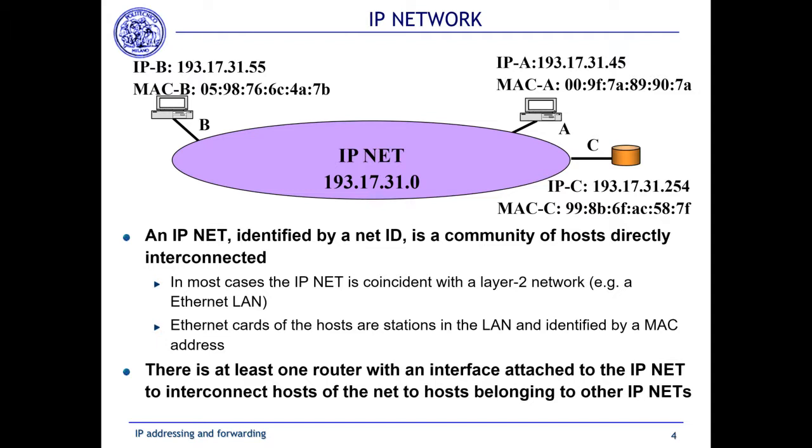So an IPNet usually is associated to a local network where a pool of interfaces are able to communicate on the data link layer, and these interfaces are assigned an IP address that belongs to the block referred to by the net identifier.